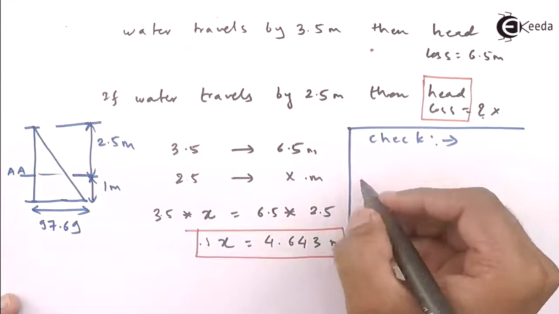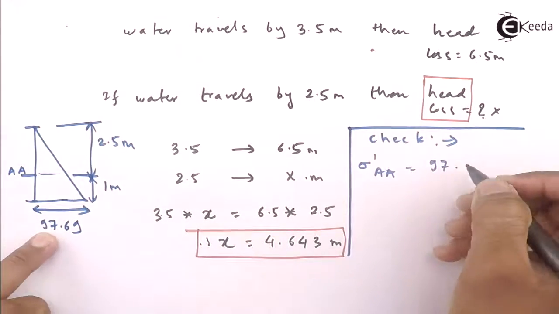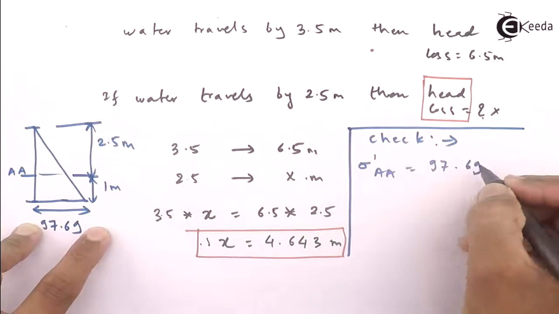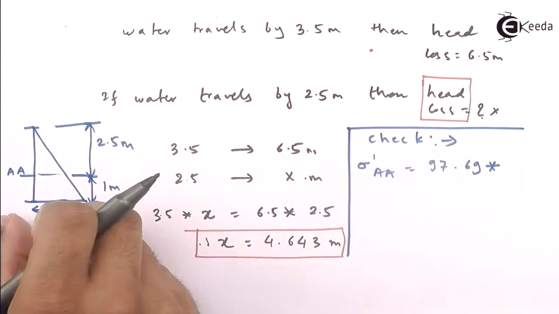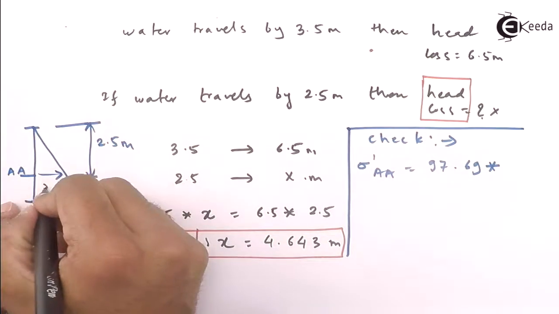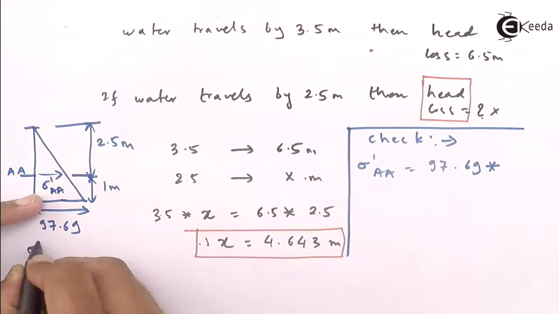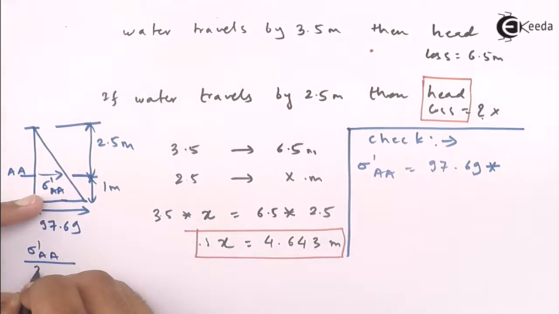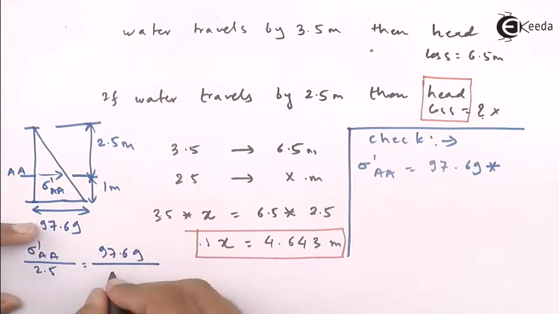In order to check, sigma dash at level AA, with sigma dash at the bottom 97.69, from the property of similarity of triangles, this by this will be equal to this by this. That's what we are interested in, sigma dash at AA. So sigma dash at AA divided by 2.5 equals 97.69 divided by 3.5.